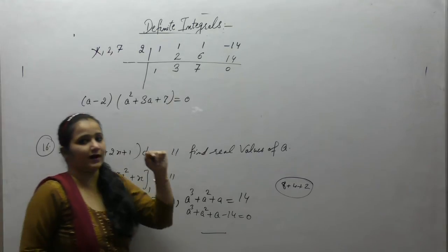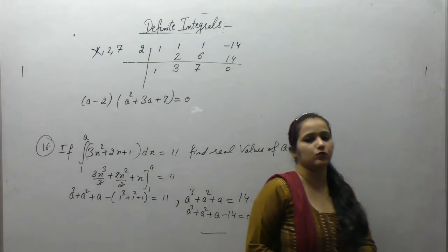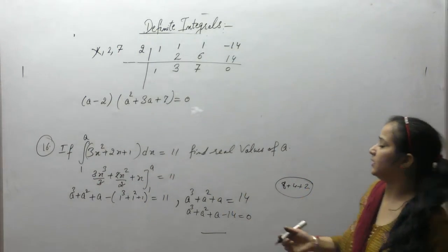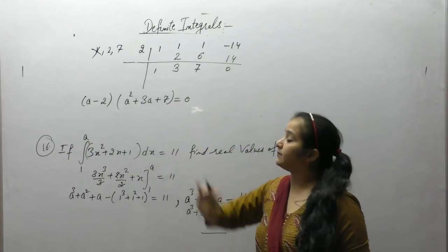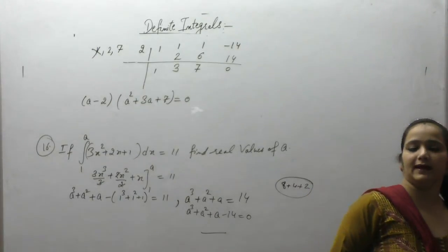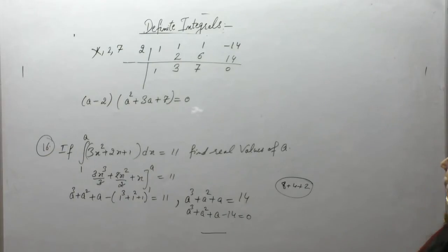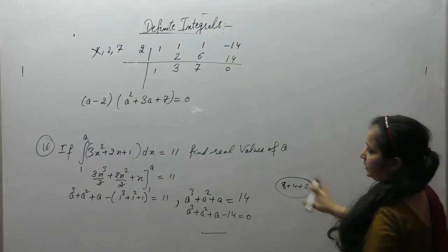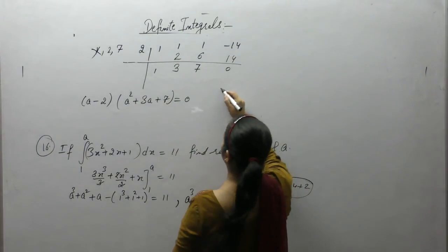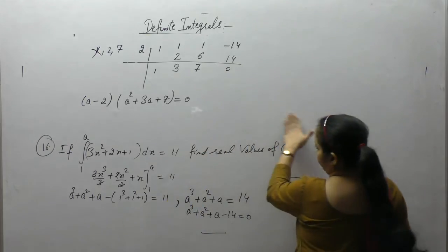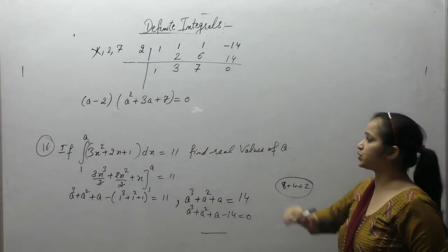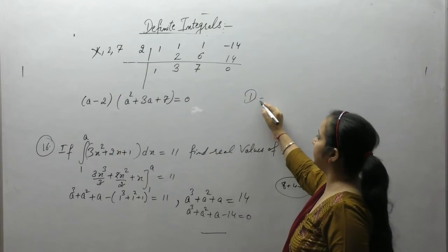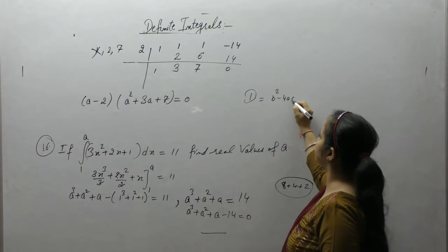अगर हम ये क्वाड्रेटिक पॉलिनोमियल देखें, a स्क्वायर प्लस 3a प्लस 7, कोई भी ऐसी टर्म जिसे मल्टीप्लाई करने पे 7 मिले और प्लस या माइनस करने पे 3, तो इसके कोई भी रियल रूट्स एग्जिस्ट नहीं करते हैं. हम 10th में नेचर ऑफ रूट्स करते थे, उसके लिए हम D फाइंड करते थे, b स्क्वायर माइनस 4ac.